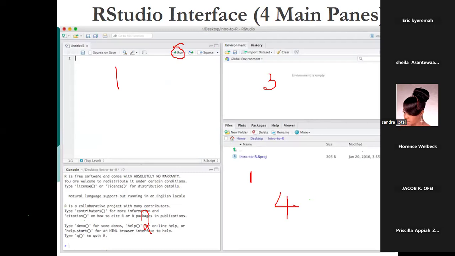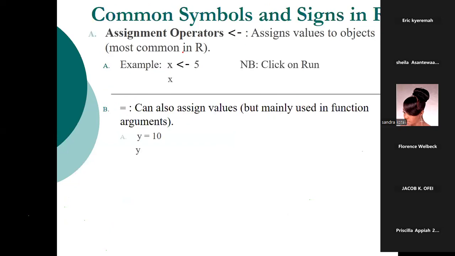The Run button, we will make a lot of use of it. Run will give you the results as you move. Source will put everything together and won't give you a result. I'll show you what it is. But let's start with R.